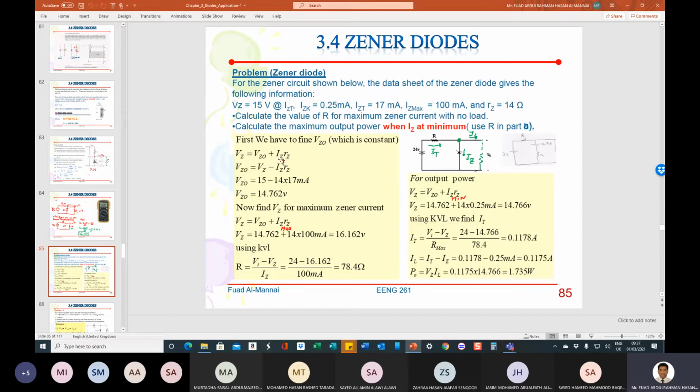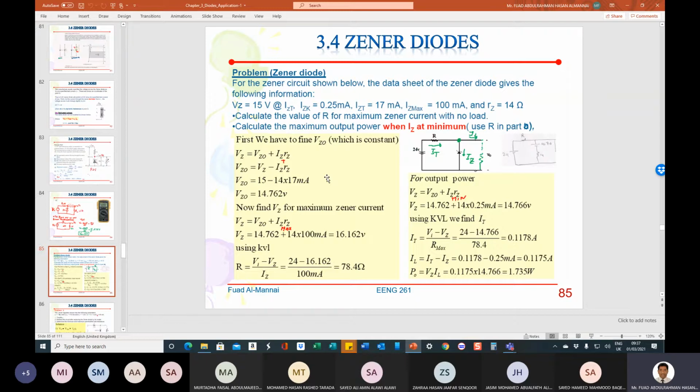All the time, do this. Substitute, and you will see that VZO is equal to 14.762 volt. Once you calculate VZO, you can use it through the whole problem. It will not change. VZO will be constant, but you have to find it first. Understood? Everybody get that? So that's how we calculate VZO in this case.